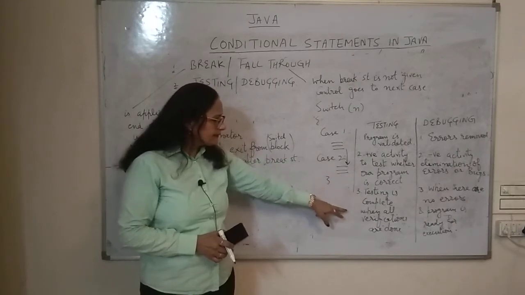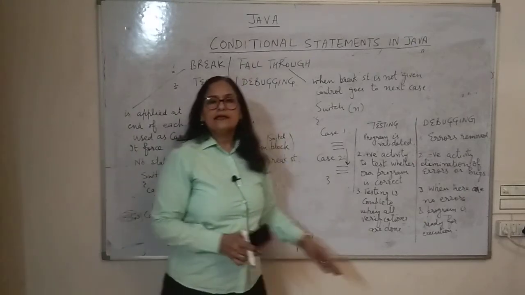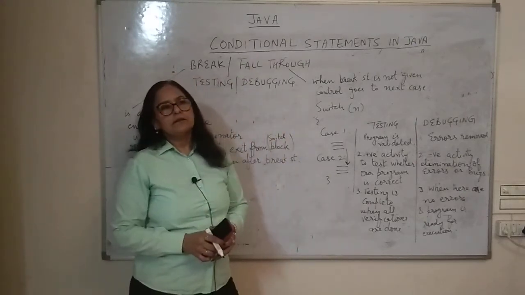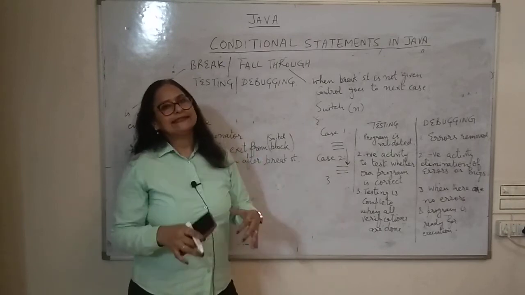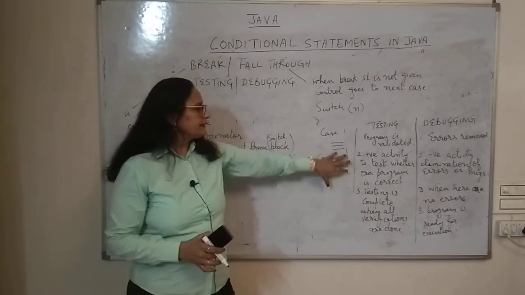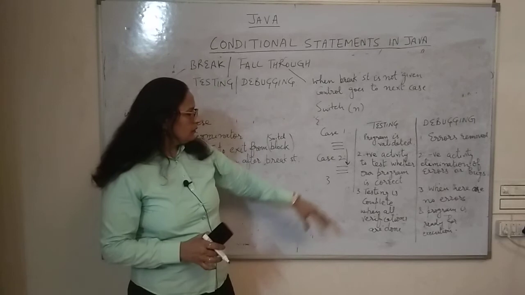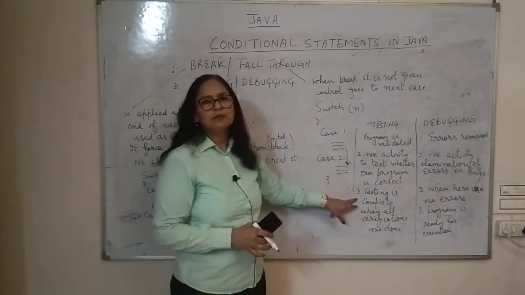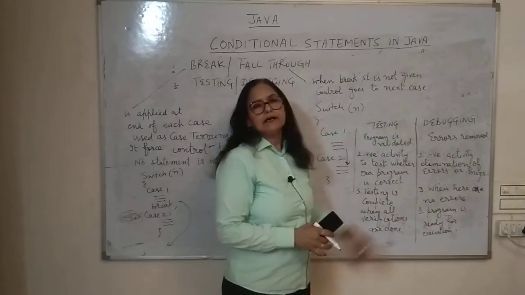Third, testing is complete when all the verifications are done. There are so many verifications. Sometimes we can supply the data, we can become the user ourselves. From the user point of view, we can test our program, and those people who test the program are known as testers. Now my dear friends, what is debugging?